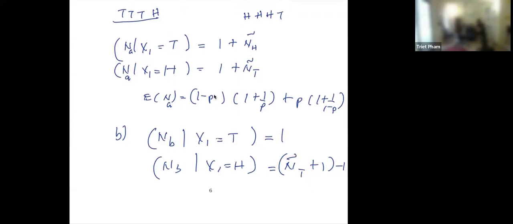Okay. So the answer is 1 minus p, plus 1 over p times 1 over 1 minus p. Okay. Any question about part B?